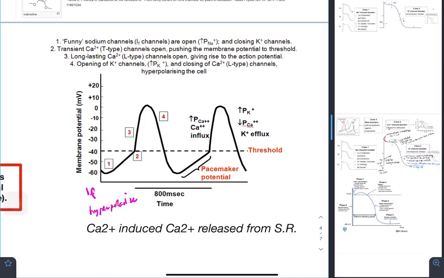They are activating the funny channels of sodium. And so when activated, the sodium channels open and sodium rushes in. At the same time, it closes the potassium channel. So if this is a cell, sodium would rush in and make the inside of the cell more positive.